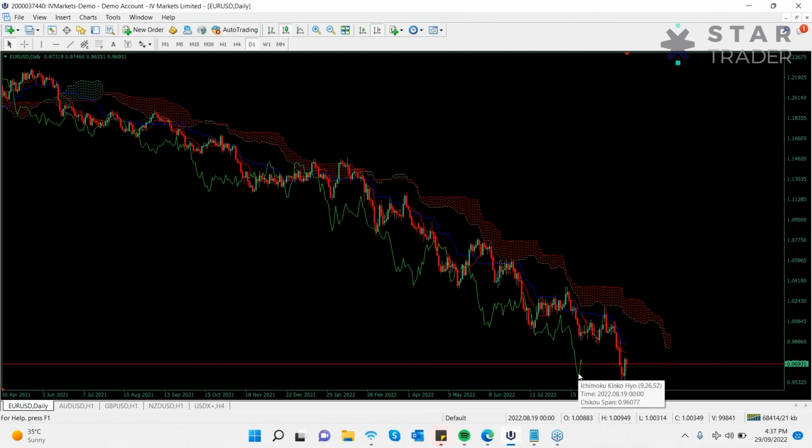Over here, this Chikou span has 52 periods. So this is basically providing us very strong support and resistance. If the market is bearish, it is providing us very strong support, and if the market is bullish, it is providing strong resistance.